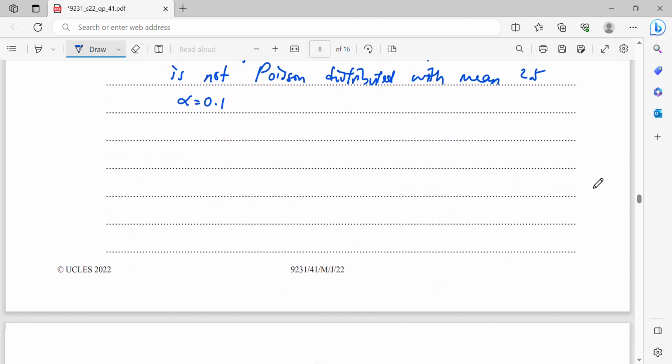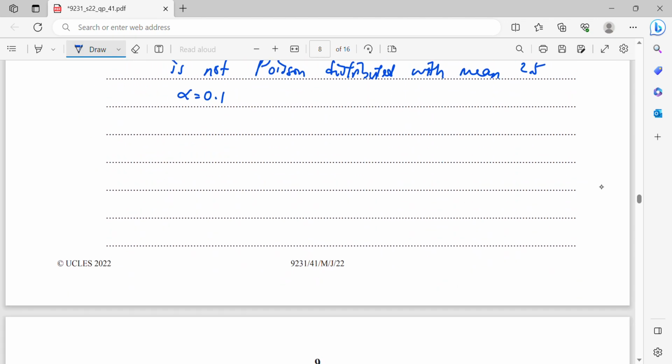When I redraw the table, let's say the number of butterflies is X, then Oi will be the observed frequencies, so you can just write observed frequencies here. Then the expected frequencies, I let it be Ei.